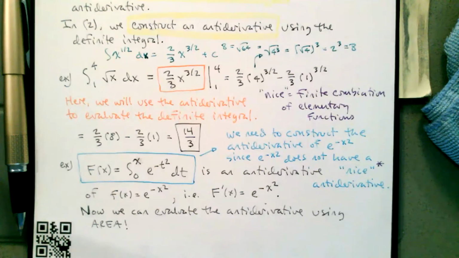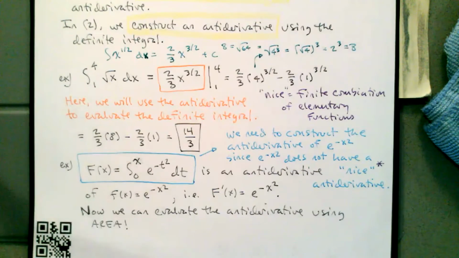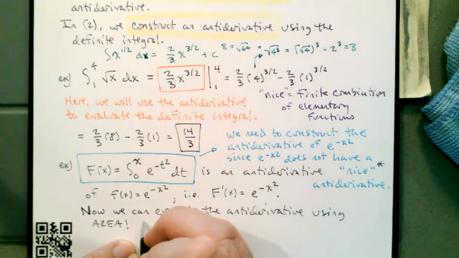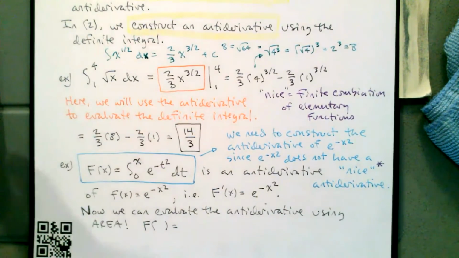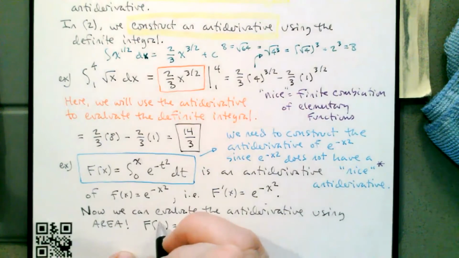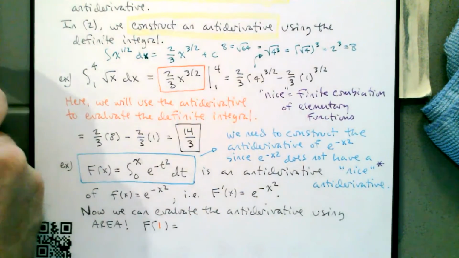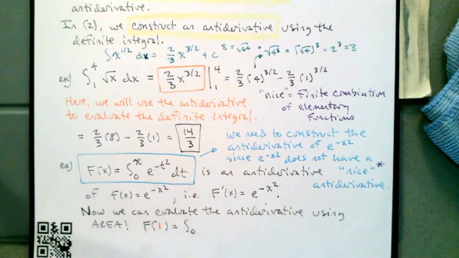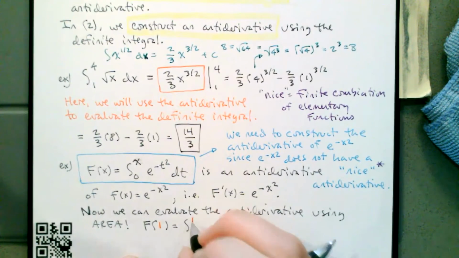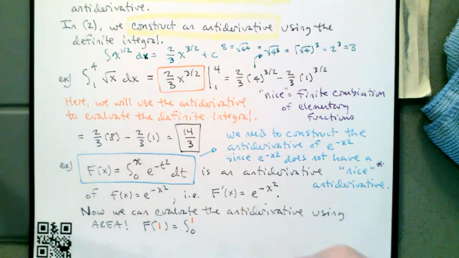No, we're not plugging x into the e to the minus t squared. We're doing the definite integral from 0 to whatever we want to plug in. So if we want to figure out F of, let's say, 1, the 1 doesn't go into the e to the minus t squared. We integrate from 0 to 1. That's where the 1 goes. It goes in the endpoint of the definite integral.